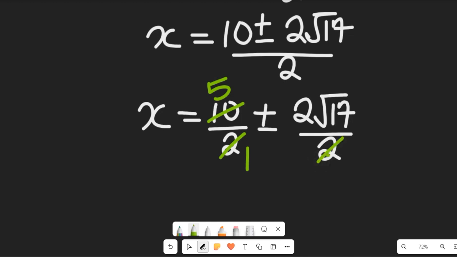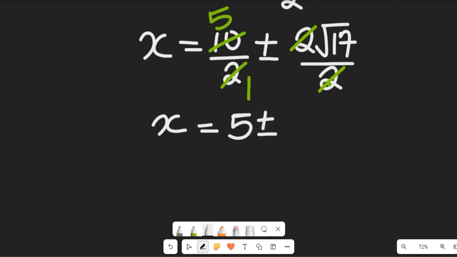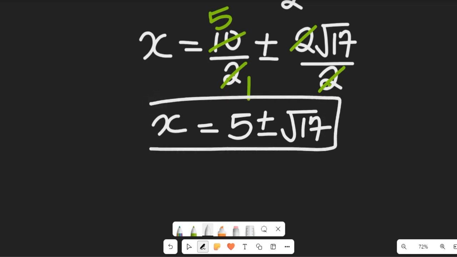So 2 will also clear 2, and then we'll have our x to be equal to 5 plus or minus square root of 17. Great. And that is the solution to the value of x.